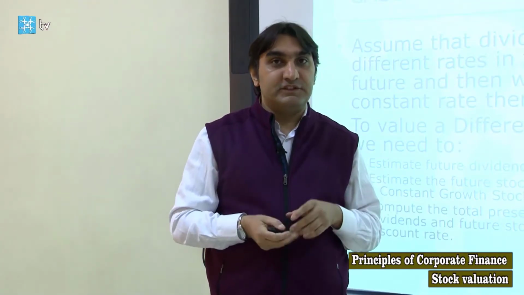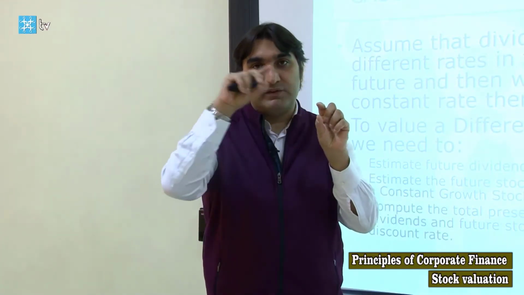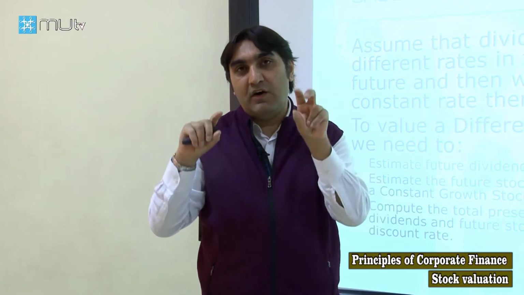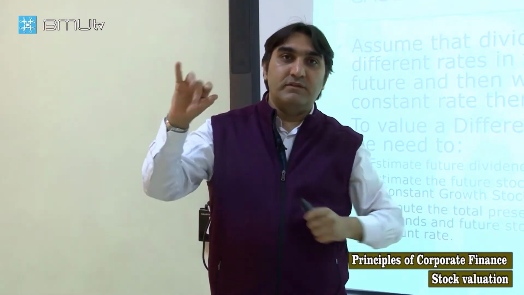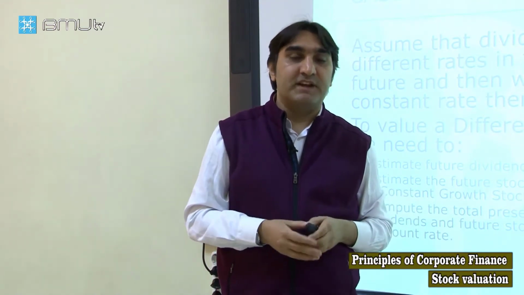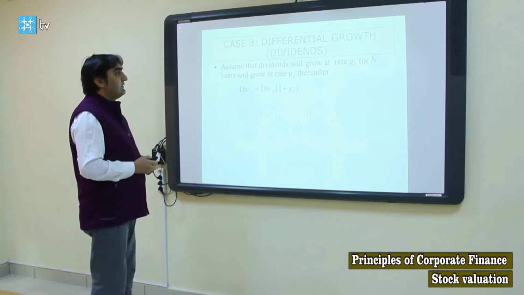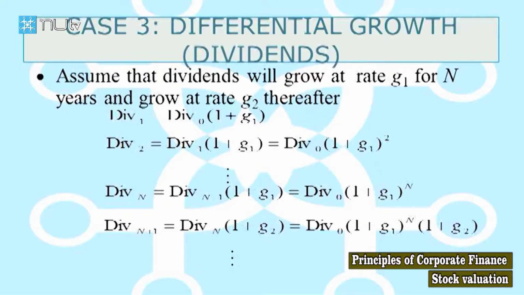So first we need to determine how, in this growth model, dividends will be in the future, and then we need to find their present value. Assume that dividends will grow at rate G1 for n years and grow at G2 thereafter.